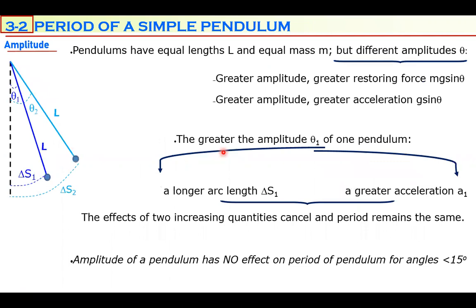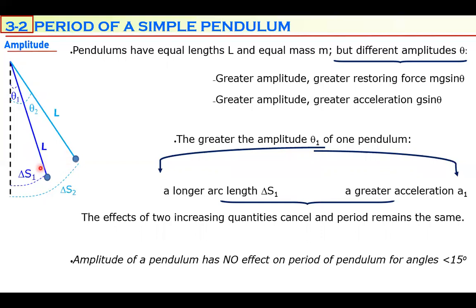And amplitude: if you make the amplitude greater, there are two different pendulums swinging at different amplitudes, but their lengths are equal, masses are equal, g's are equal. Arc length also increases. Look here, this is a small angle, smaller arc length. Greater amplitude, greater arc length. Your arc length also increases.